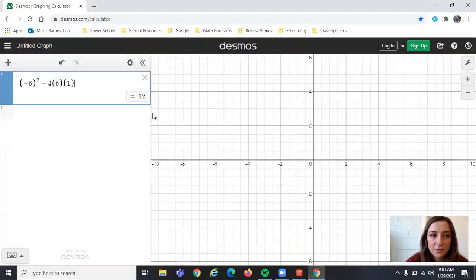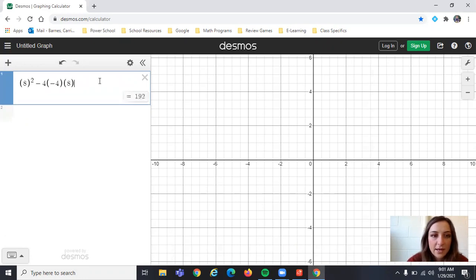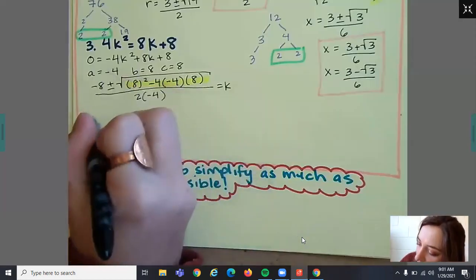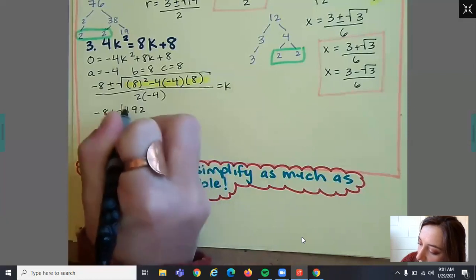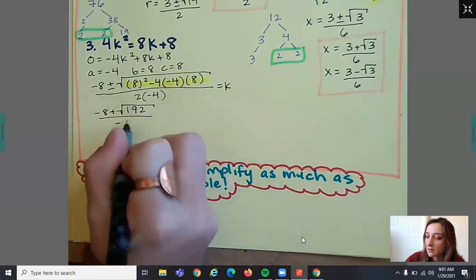So let's type in 8 squared minus 4 times negative 4 times 8, and we get 192. So it's going to be negative 8 plus or minus the square root of 192 over 2 times negative 4, which is negative 8.